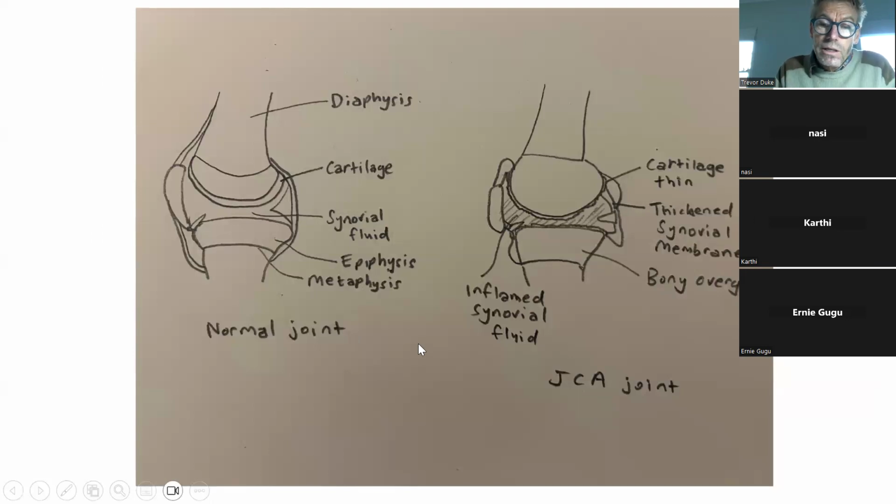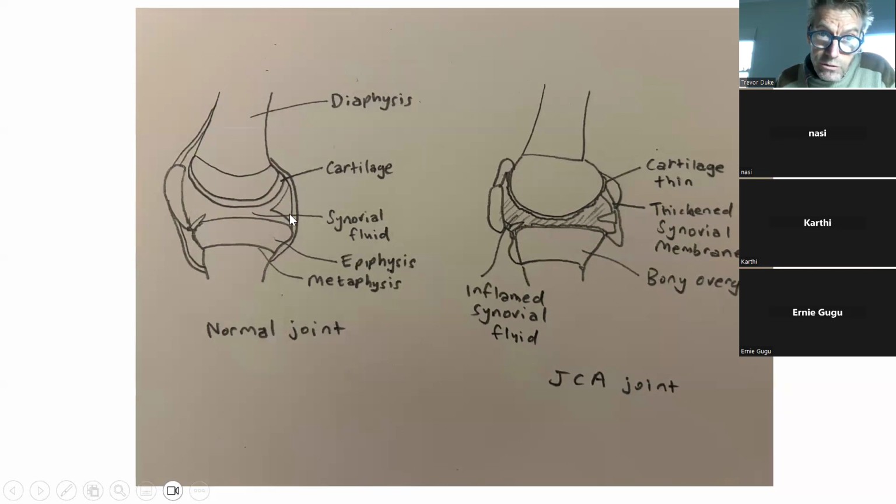I've tried to draw what actually happens in juvenile chronic arthritis. This is a normal knee joint where I'll just go through the bony parts, the diaphysis of the bone, meaning the long part of the bone. The metaphysis is the growth plate of the bone, here, this line here. Then the epiphysis, surrounding the epiphysis is the cartilage. And then between the bones in the synovial joints, there's synovial fluid.